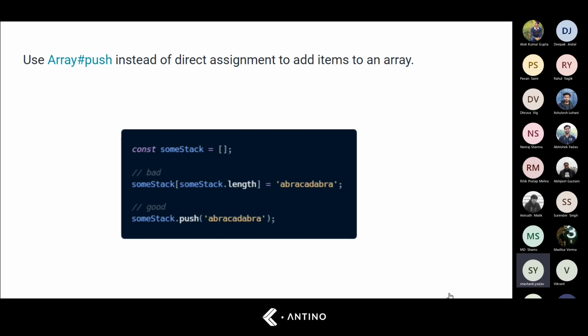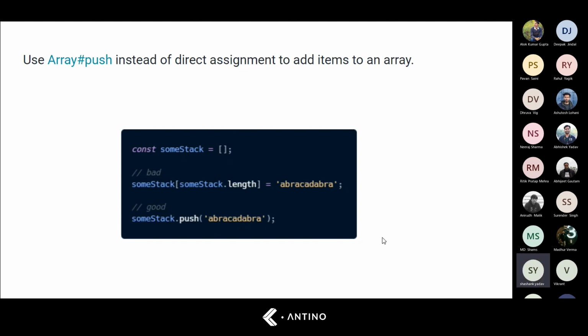To avoid that, it's best practice to add a new element to an array using push. In this case, the compiler won't calculate the array length again and again, so it gives an edge.